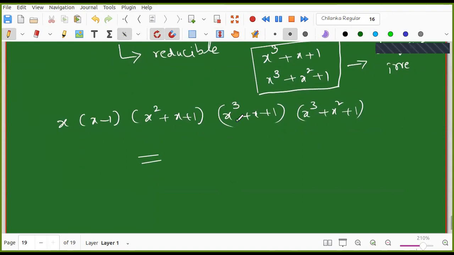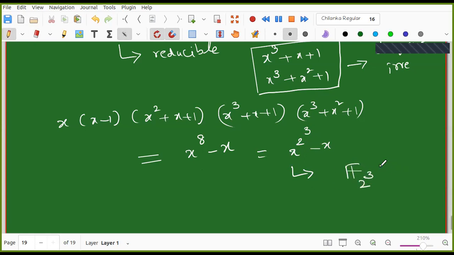This is x raised to 8 minus x. Wonderful, x power 8 minus x. How did you come to know that? You are correct, but how did you get it? So this is related to F2 power 3.